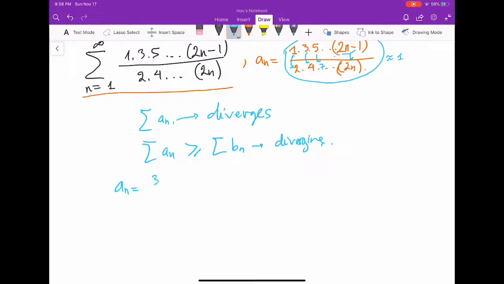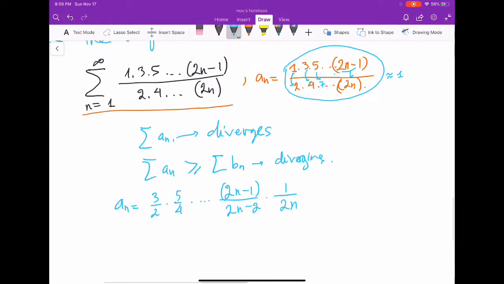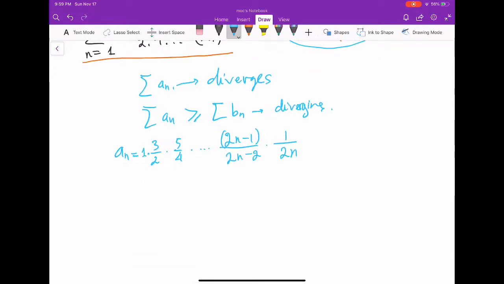I write 3 over 2 times 5 over 4 times so on times (2n minus 1) over (2n minus 2) and times 1 over 2n. You see, I just rearranged the quotient a little bit. So here, instead of 1 over 1, I write it in here. So I have that.